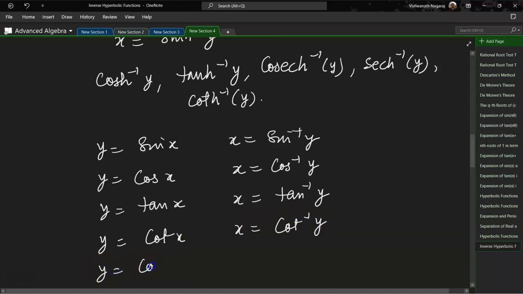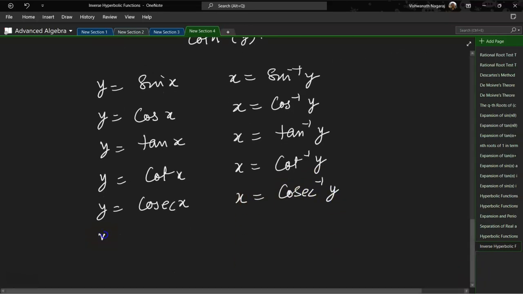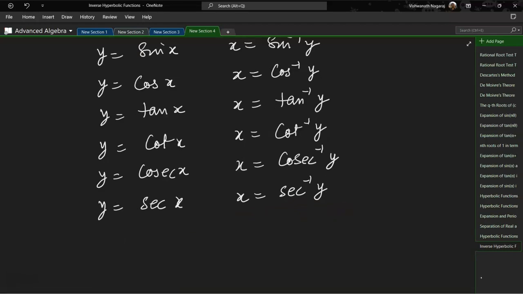Y is equal to cosec x, so x is equal to cosec inverse of y. And finally, y is equal to sec x, x is equal to sec inverse of y.